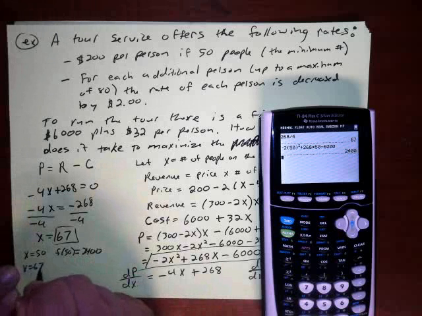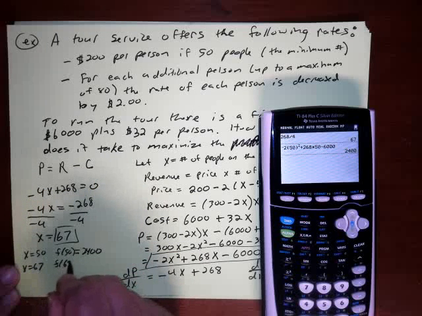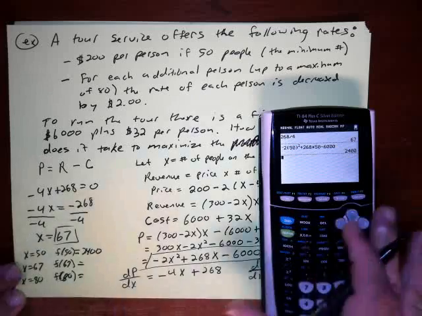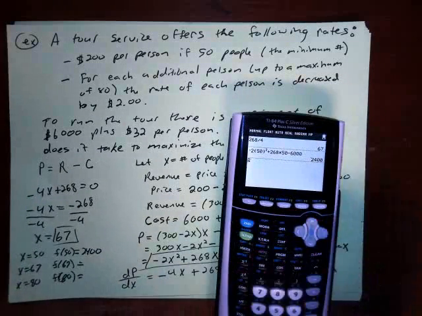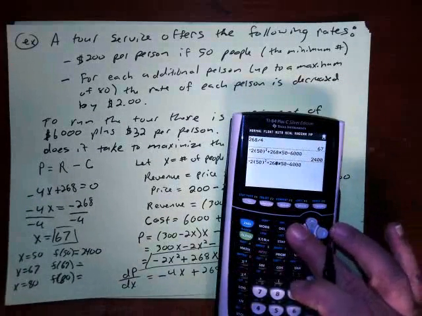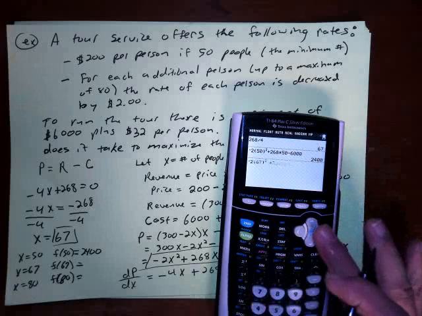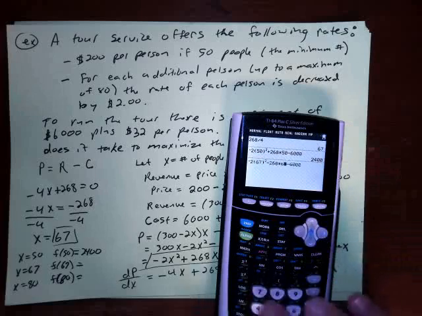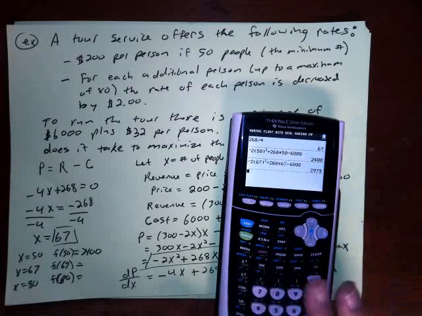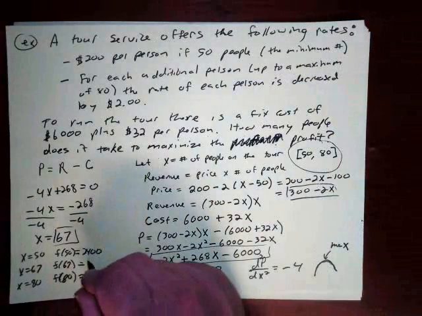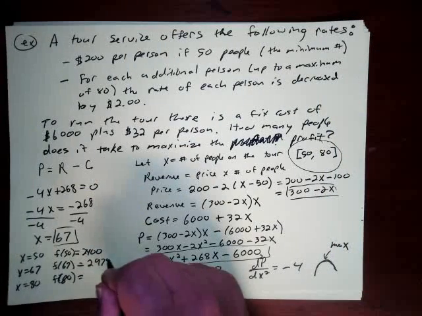x equals 67, f of 67, and x equals 80, f of 80. So we can plug in the other one. 67 will give me the maximum profit, I think. And I get 2,978.